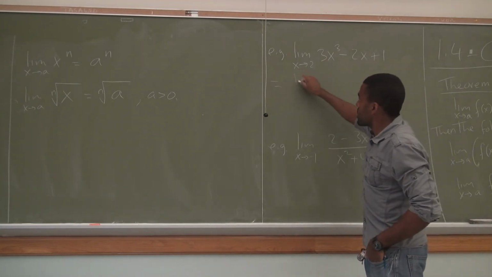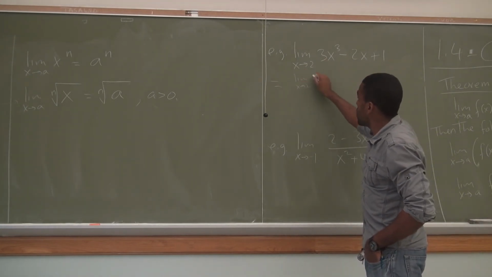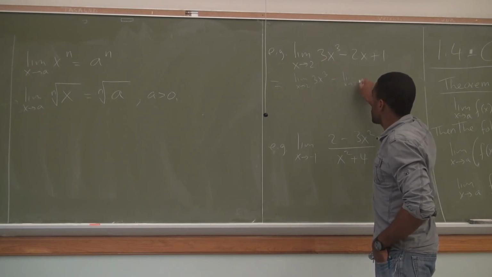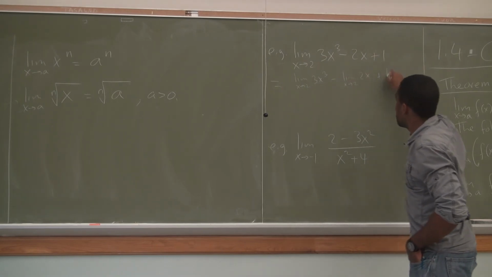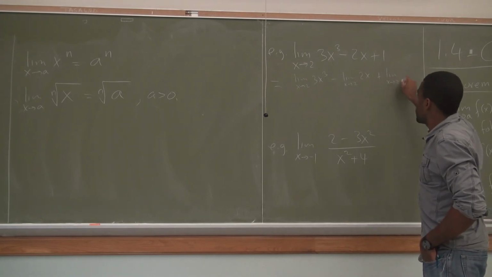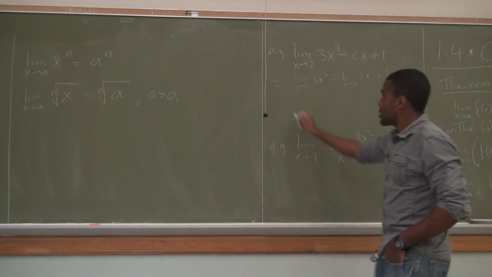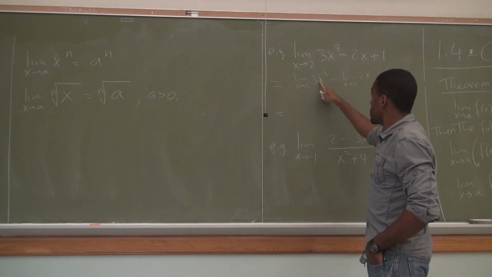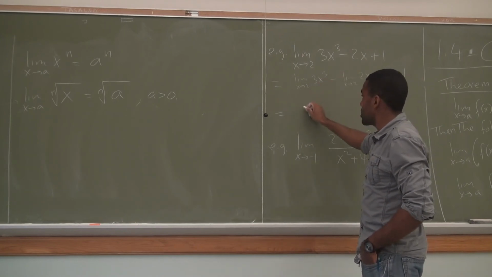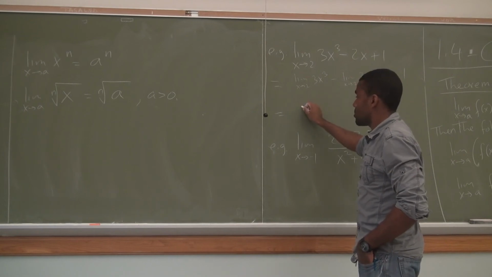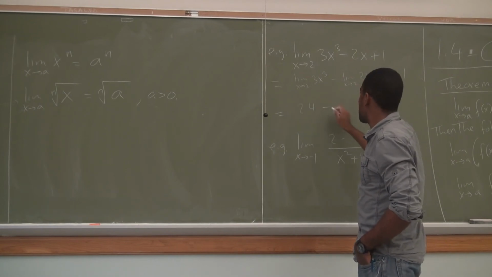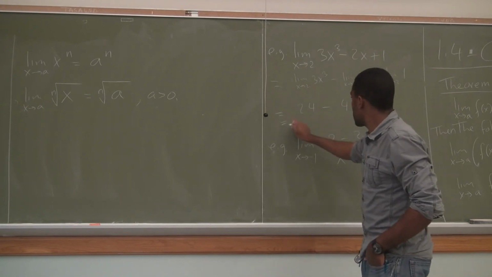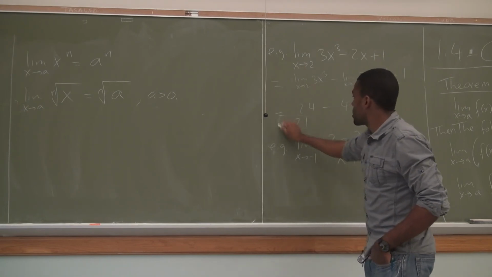So you can write this as the limit as x approaches 2 of 3x cubed minus the limit as x approaches 2 of 2x plus the limit as x approaches 2 of the number 1. Well, this just means you just plug in the 2 here, right? 2 cubed is 8 times 3, 24. 24 minus 4 plus 1, 21. Right? So this is 21.